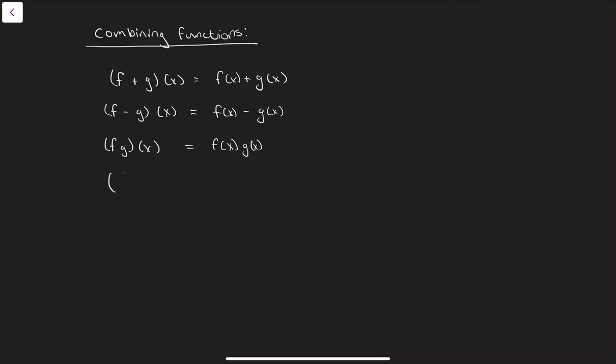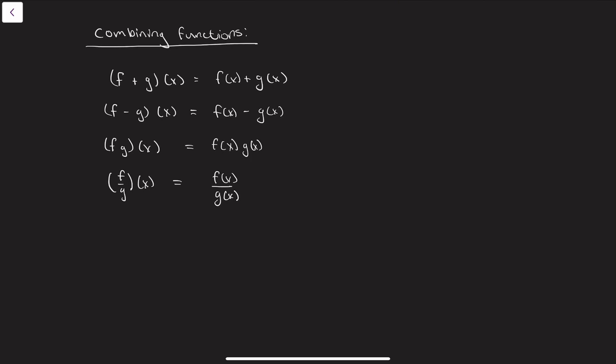And lastly, f divided by g of x is equal to f of x over g of x. So these are just some properties of functions that we can combine using arithmetic operations.